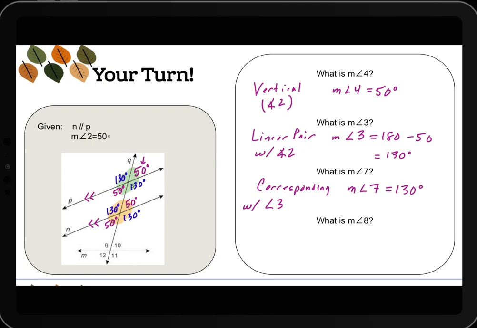And then, of course, if you look at angle 2, the original angle, and angle 8, those are going to be alternate exterior, right? So we have alternate exterior angles. Or you could also say that angle 8 is 50 degrees because it's a linear pair, right? You could say angle 7 and angle 8 are a linear pair.